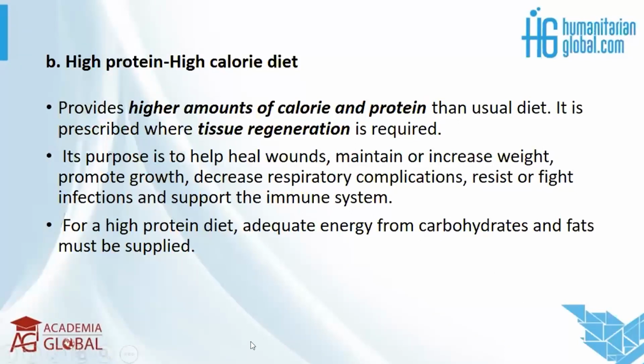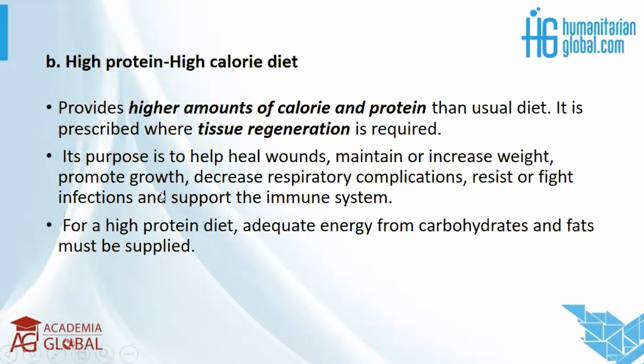So another modification of content is we could have a high protein, high calorie diet. And this one is modified or changed to provide higher amounts of calories and protein than the usual diet. It is prescribed where tissue regeneration is required.